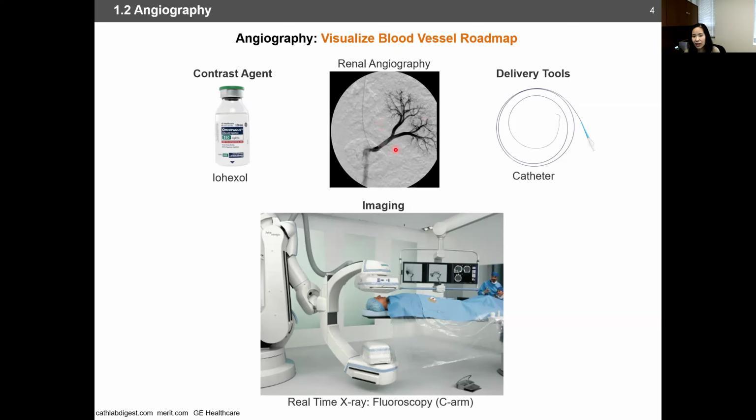Since this case is patent, that is why the iohexol can get into these branches and show the structure under the X-ray. And another thing I also want to mention, this is not a movie, but it's a real-time X-ray. So basically, the physician can really see how they look on the screen and determine when to deliver.